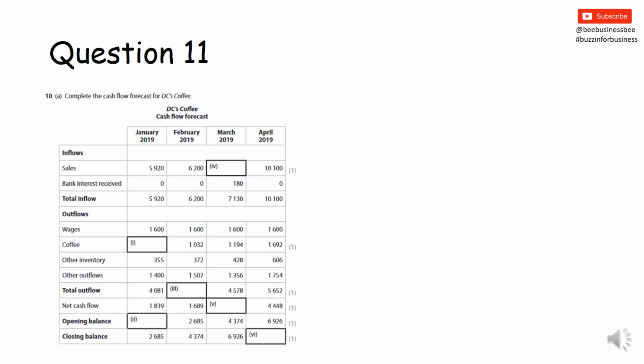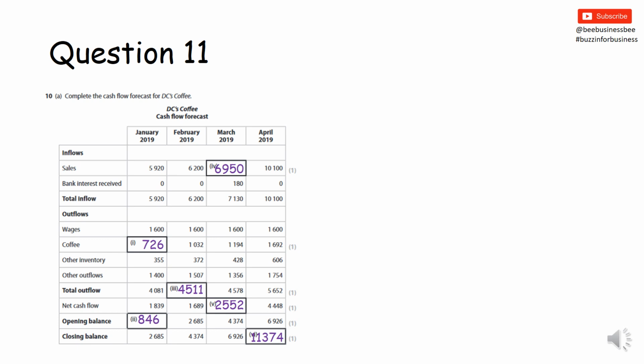Question 11. Complete the cash flow. So you need to work your way through these in logical order. So if you're trying to find the missing coffee figure, you know the total outflow. So if you take away all your other outflows from that, you'll find 726.